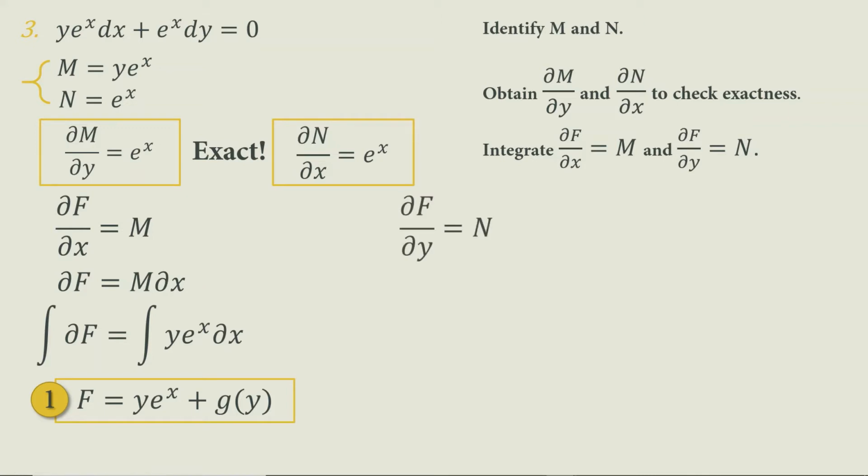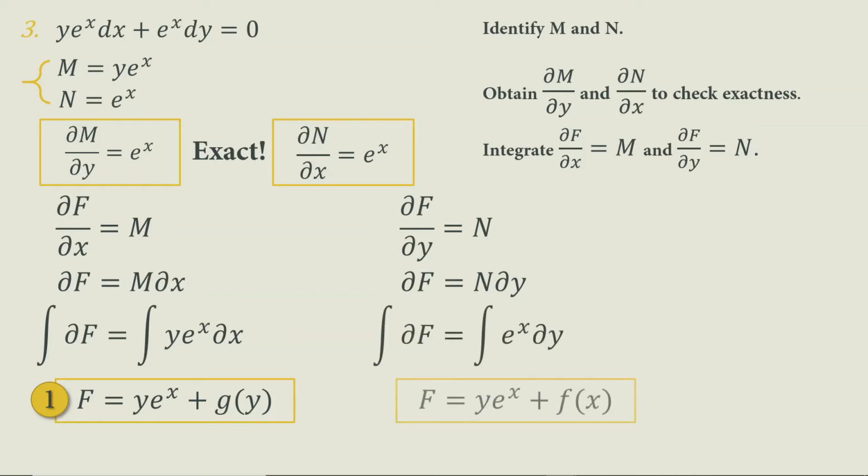For the partial derivative of f with respect to y, that is equal to n, cross multiply, and then substituting for the value of n, which is e raised to x, and integrating both sides. So this results to f is equal to y times e raised to x, since our x is considered constant, and then we have to integrate dy, so that is y, and we have to add f of x.